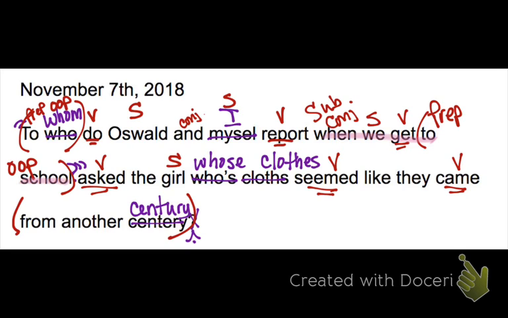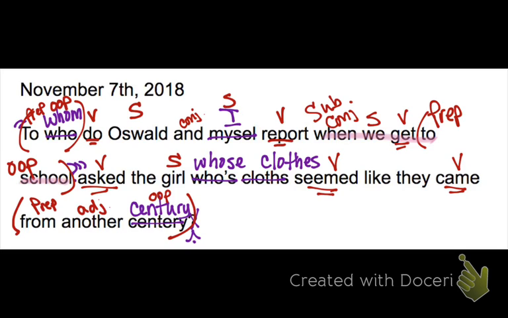A preposition. Where's my object? Century. What kind of century? Which one? Adjective, right? Okay.